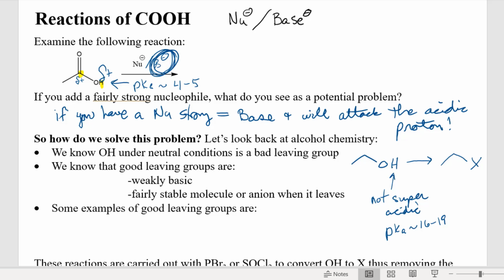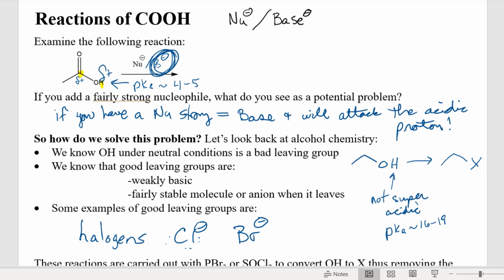So we already know that good leaving groups are weakly basic and fairly stable molecules, or an anion when it leaves. Some examples of these good leaving groups are halogens, right? Cl minus, Br minus. These are very weakly basic. They're not strong bases.